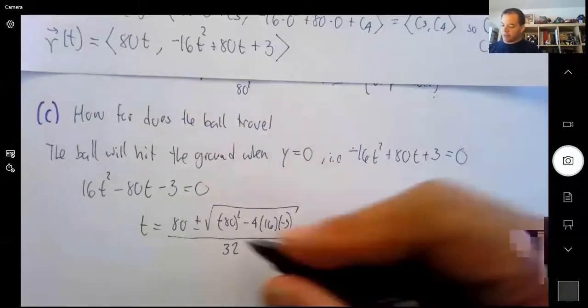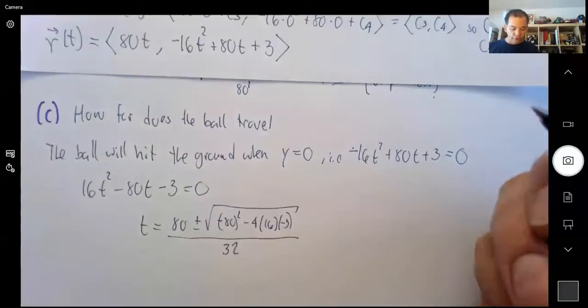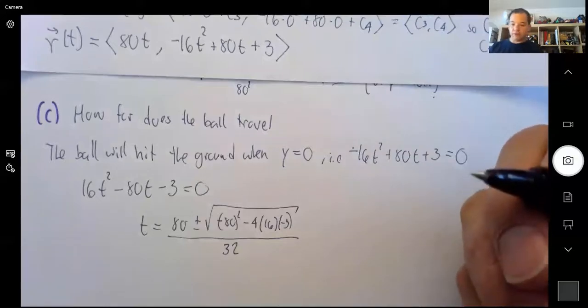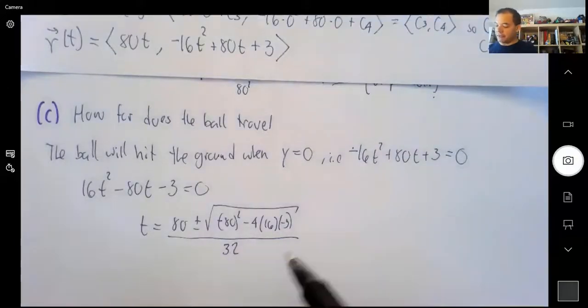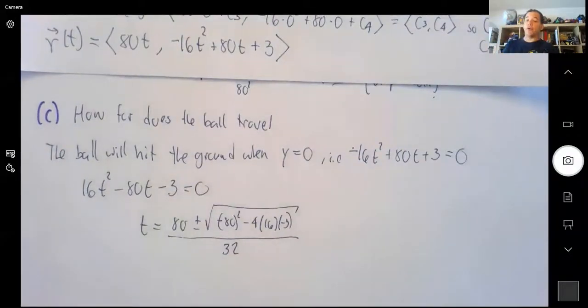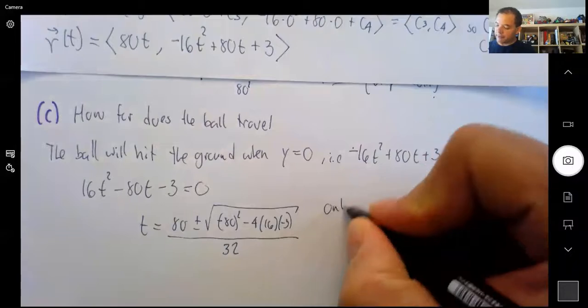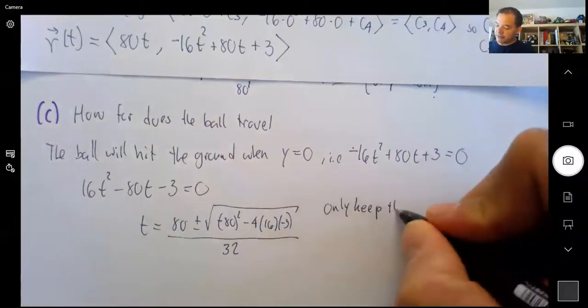I'm not going to give you the details. There are two solutions, one negative and one positive, and the negative solution obviously doesn't work because that will be in the past, before you hit the ball, which makes no sense. So we only keep the positive solution.